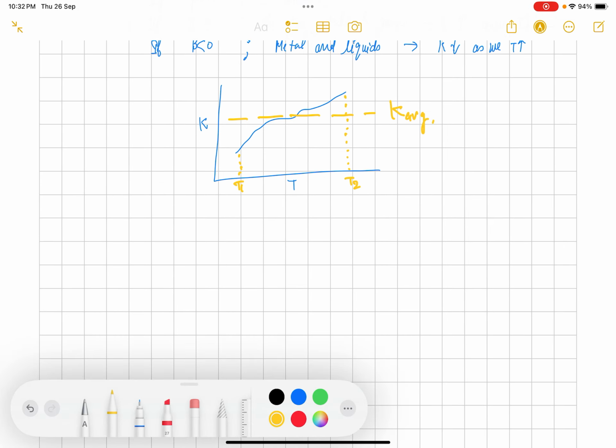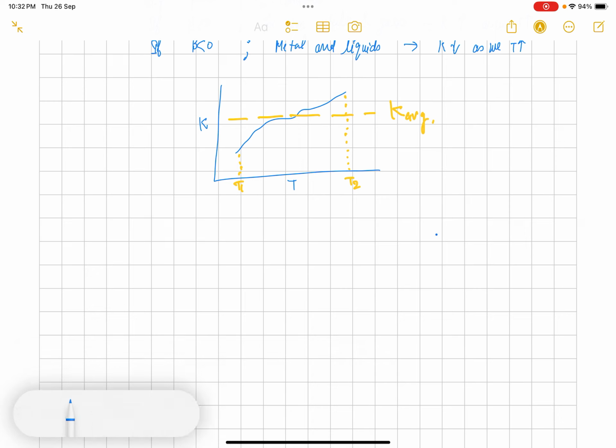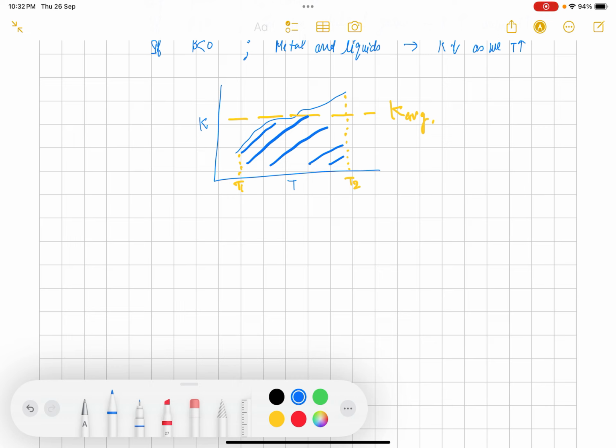So how can we find it? By dividing this area with the temperature difference, T2 minus T1.